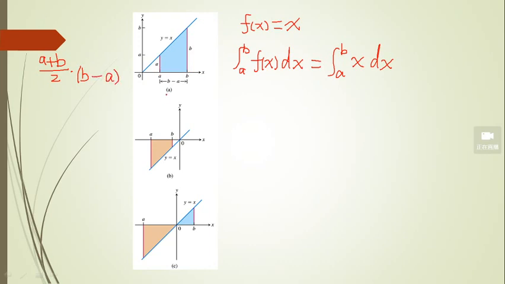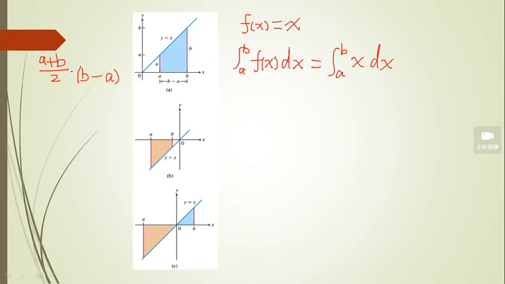If you work out the area formula for a trapezoid, the short side plus the longer side over 2 times the height, what is this one? 1/2 (a plus b) is the same as 1/2 (b plus a), times (b minus a).